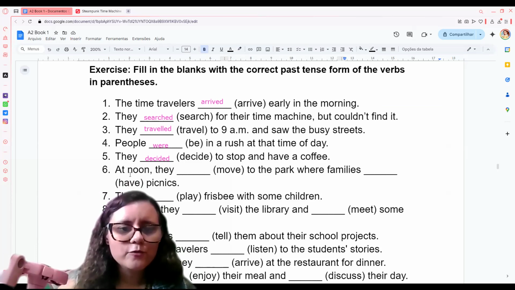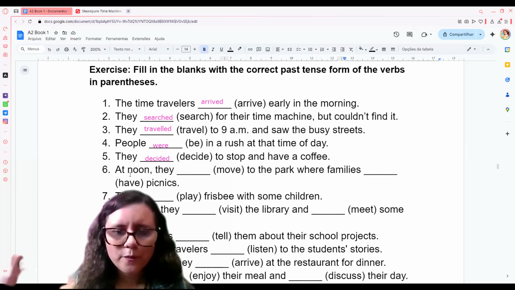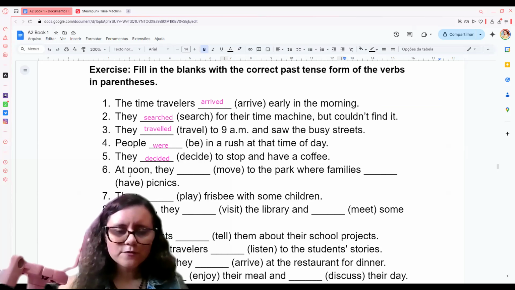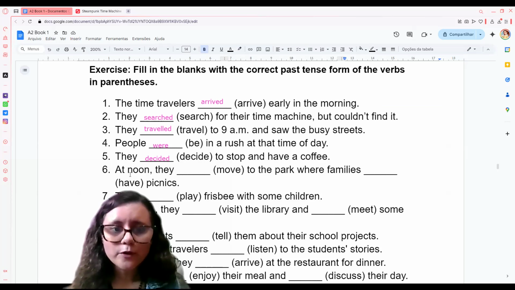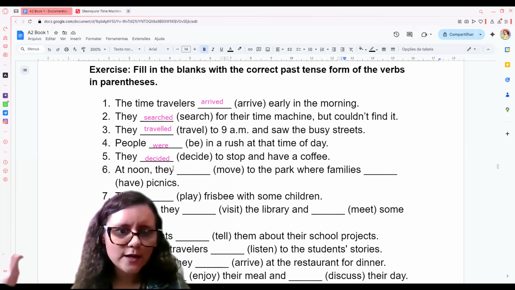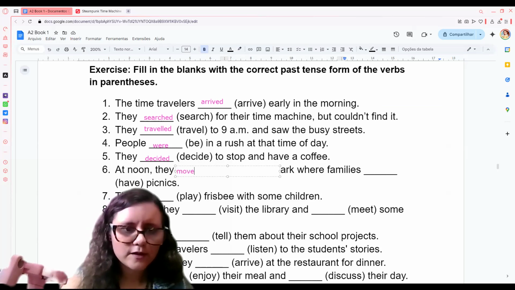Six. At noon they day, to the park where families picnics. The first verb is move. Move is a regular verb, so we just add the letter D. So we say moved.